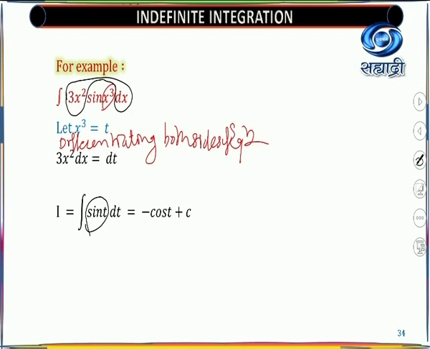But the integral is in terms of x and the value is in terms of t, which is not acceptable. Whatever variable is given to you, you need to resubstitute, then only you will get your last mark. And here you will get the integral of 3x square sine x cube dx equal to minus cos x cube plus constant of integration.